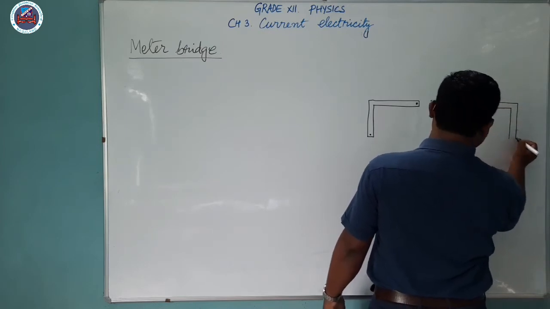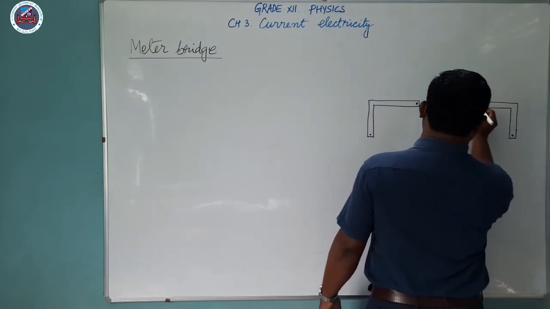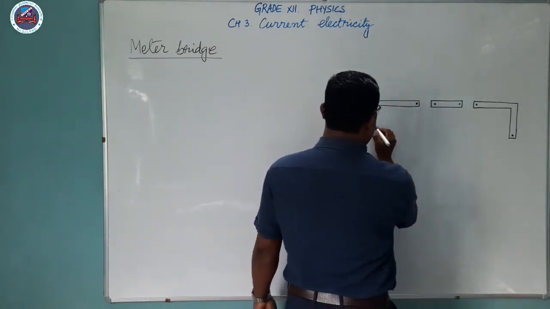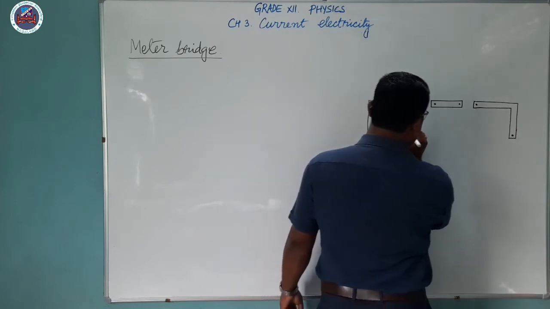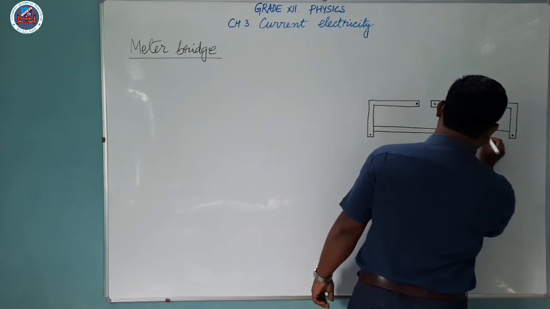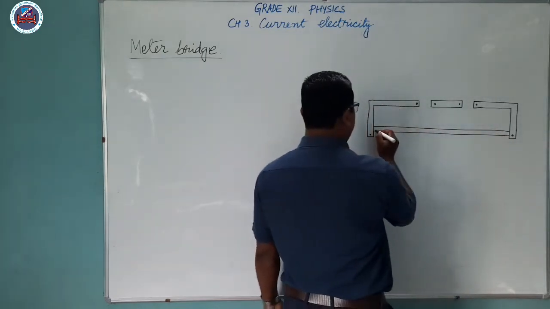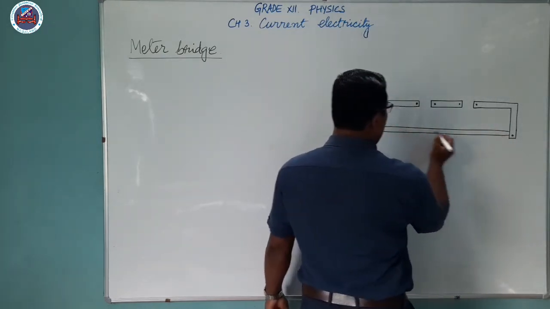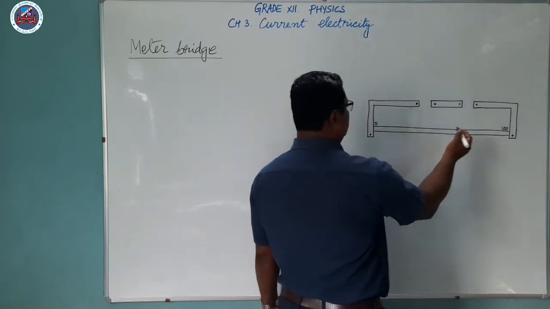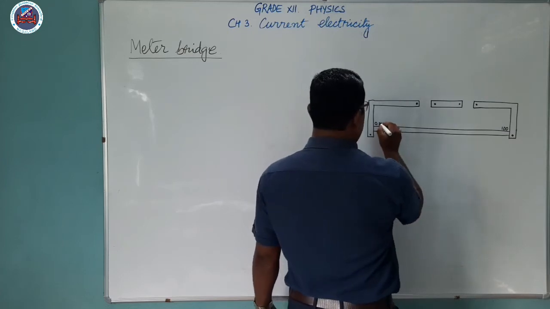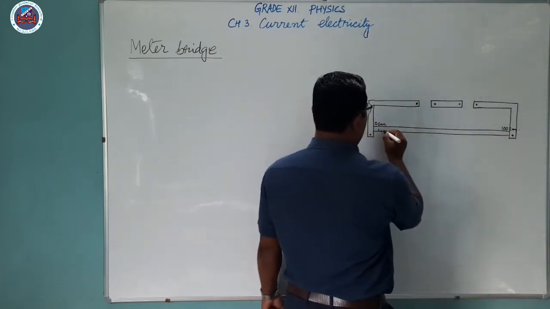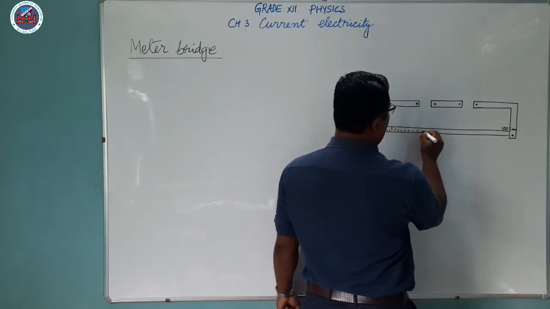These are steel strips on a wooden board, and a 1 meter scale will be provided here. Markings will be there starting from 0 up to 100 centimeter, which is equal to 1 meter. The scale will be provided.